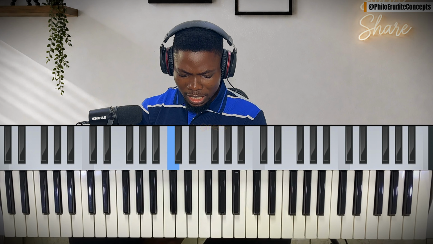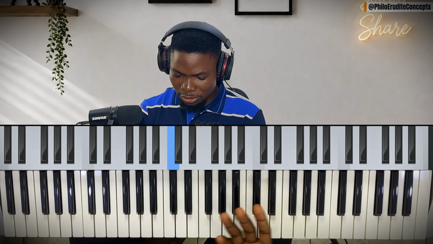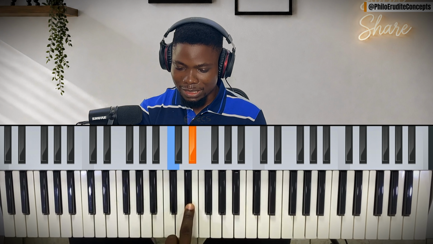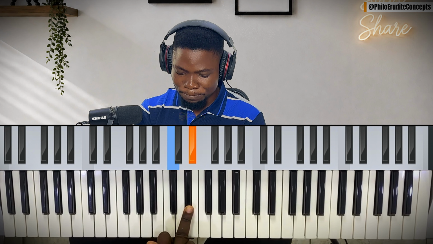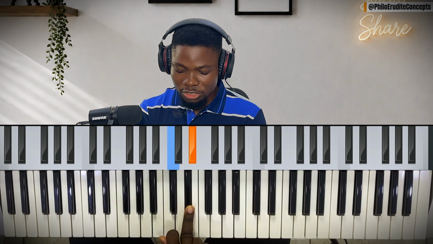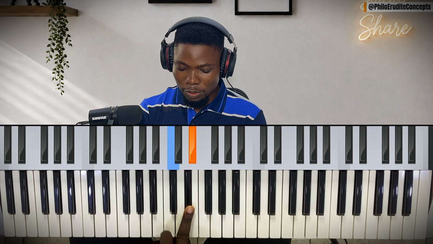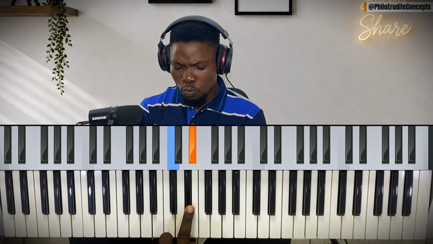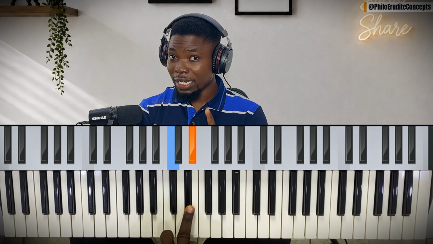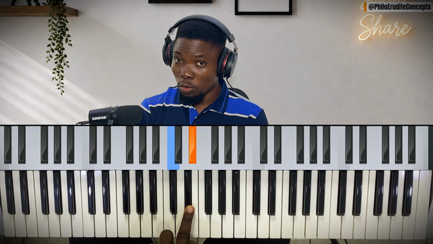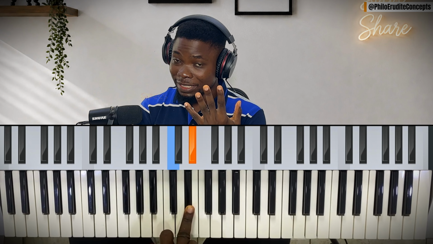For example, another example again. You can just pick any key. For example, let's say E flat. Let's just use that because that is quite a bit difficult, okay? So I'm asked to play E flat Mixolydian mode. The question I'll ask myself is, I already know that Mixolydian mode is the 5th degree, right?